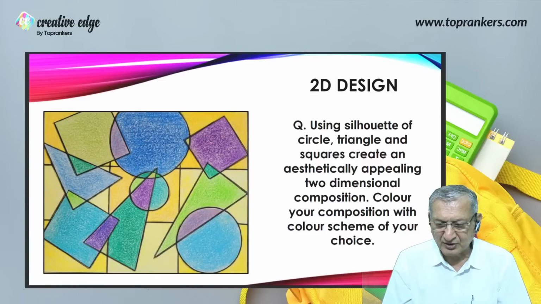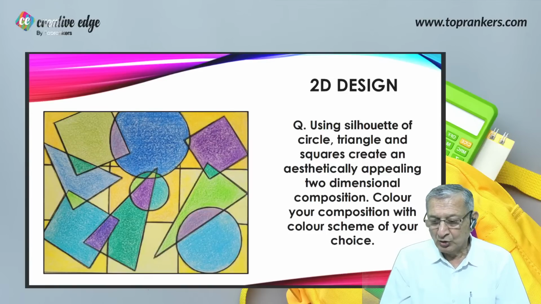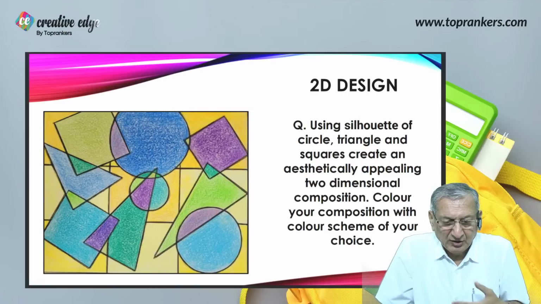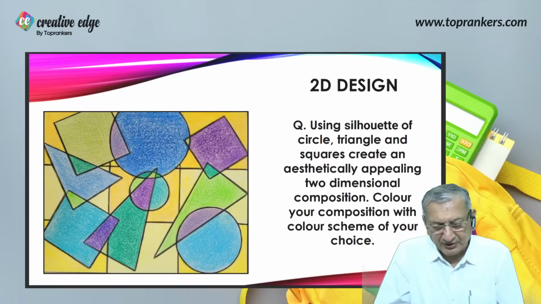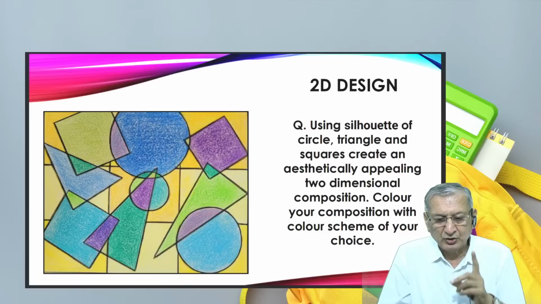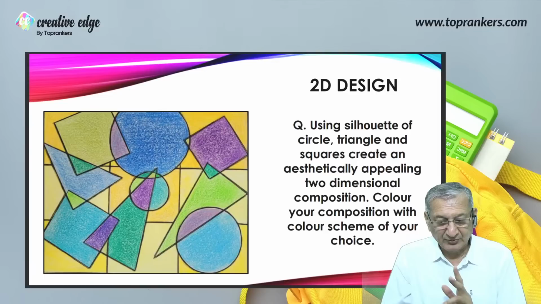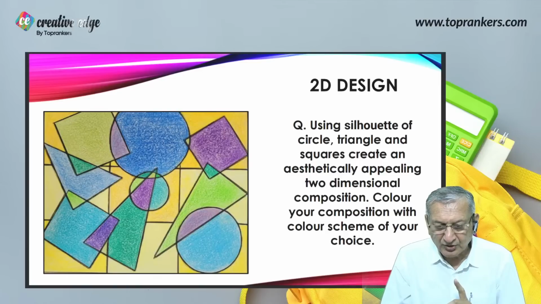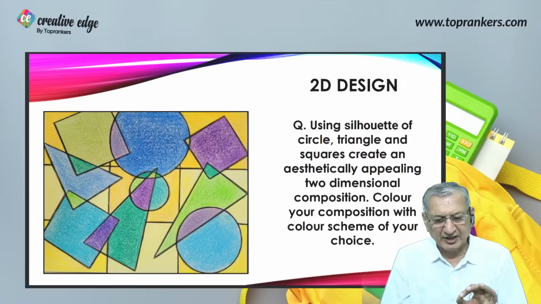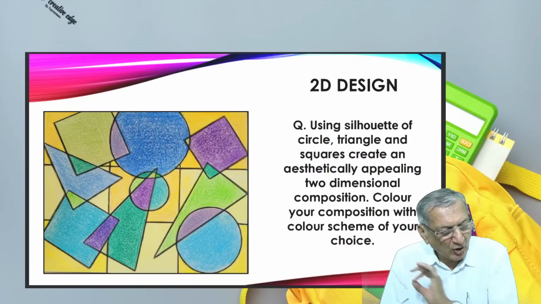Whenever, friends, they ask you to go into your own choice of colors, do not forget to use analogous colors. Analogous color, if you know it, is two secondary colors, one primary color, and their tints, shades and tones used in such a way that the primary color selected is present in all these colors.